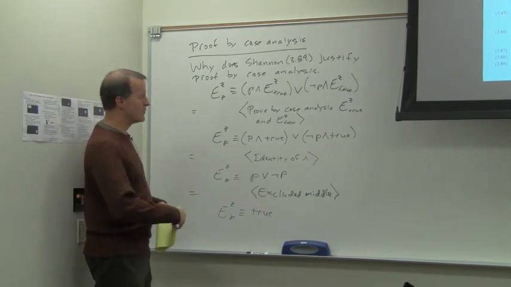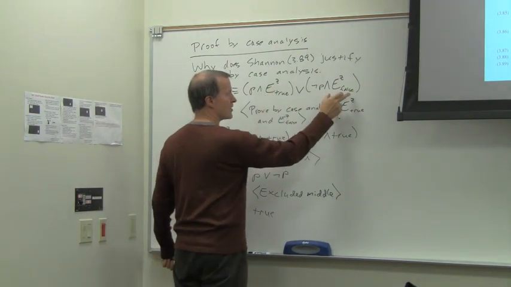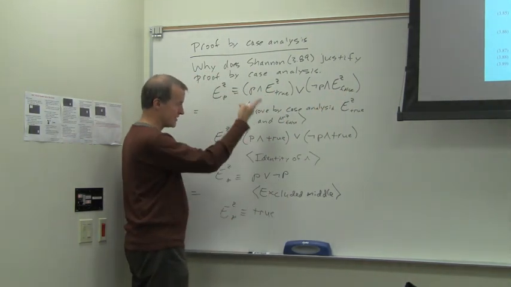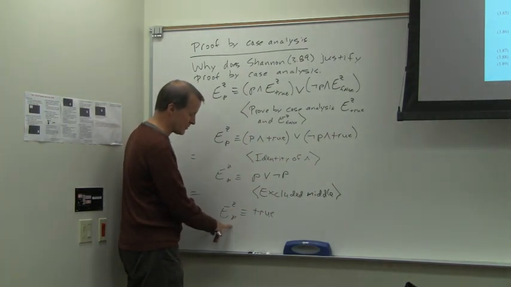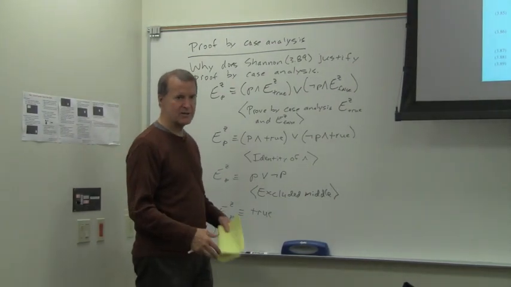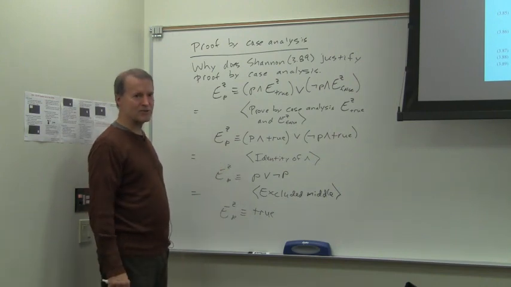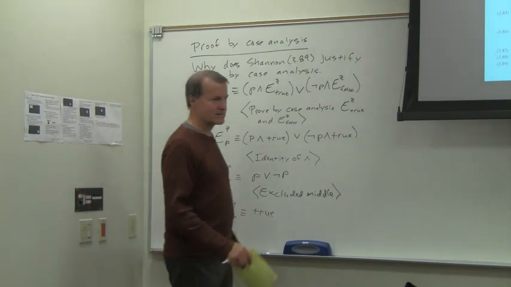Because what it says is that if you can prove this is true on the one hand, and you can also prove that this is true on the other hand, this demonstrates that you are showing E with Z replaced by P is true in the general case, no matter what P is. Do you see what I mean? And this actually shows specifically why case analysis. This is the theoretical justification for proof by case analysis.